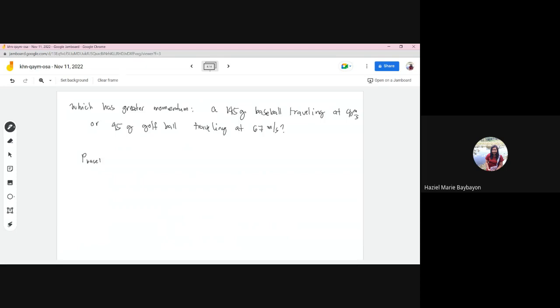So the momentum of the baseball is equal to the mass of the baseball, 0.145 kilograms, just divide by 1,000, multiplied by 40 meters per second. And then the momentum of the golf ball is equal to 0.045 kilogram multiplied by 67 meters per second.